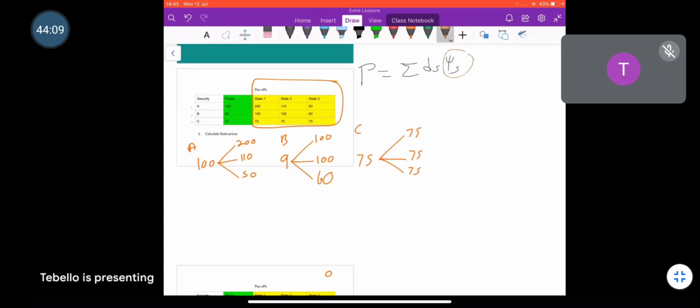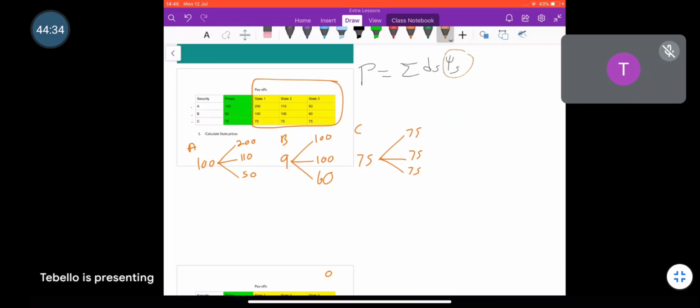So if your state pricing is unique, it simply means that there will be no arbitrage, especially because this is a complete market. It's a complete market because there are 3 assets and 3 states. If they gave you 2 assets and 2 states, it will still be a complete market.